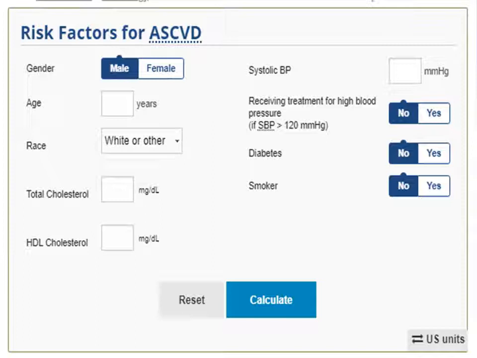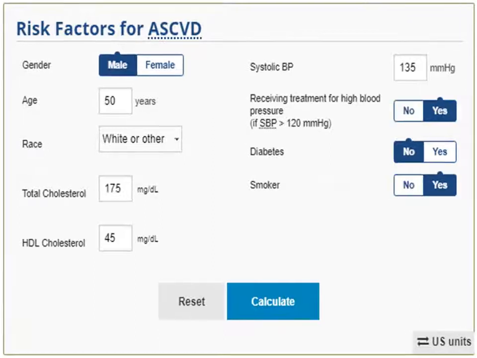And as we said, it contains information about gender, age, race, cholesterol level, HDL level, systolic blood pressure level, whether a patient is receiving treatment or not for high blood pressure, diabetes, and smoking status.